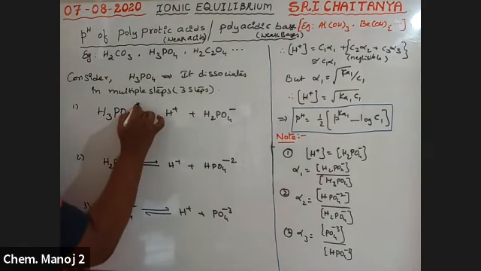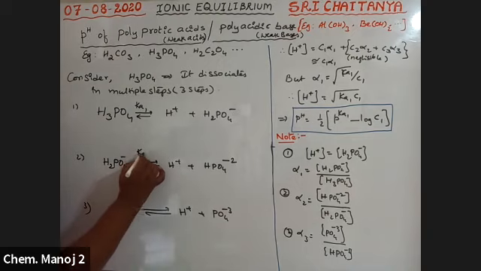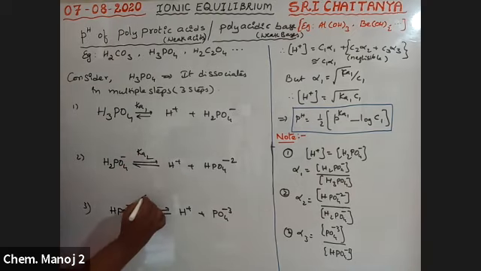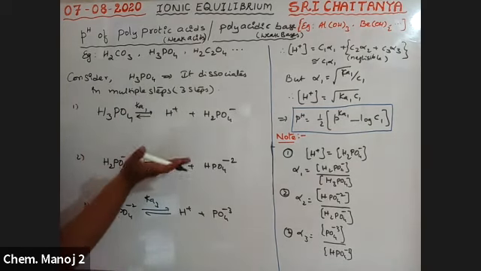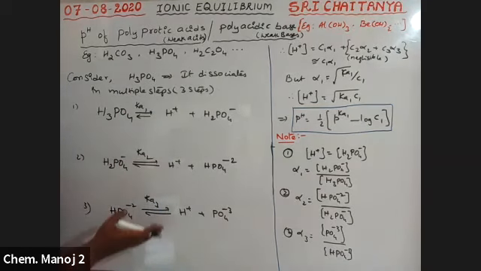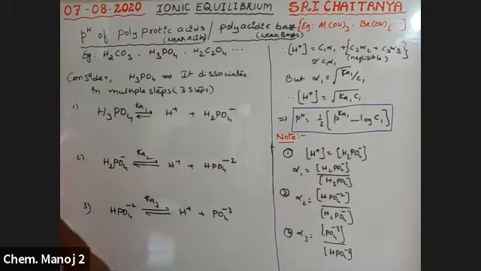So let us consider Ka1 for the first dissociation, Ka2 for the second step, and Ka3 for the third step. In general, if a weak acid dissociates in multiple steps, the dissociation constants decrease as the step increases.